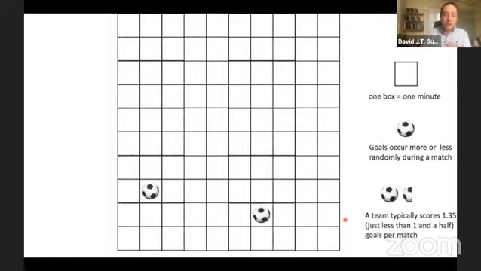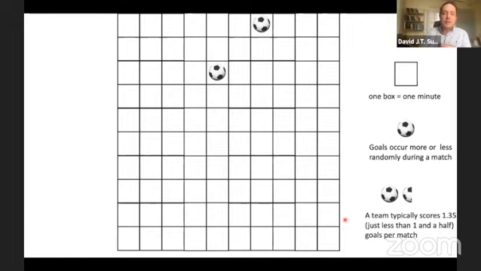So you might have 2 goals coming into the match at random points. You might have 1 goal that you've dropped in at random. You might have 2 goals over here. And that's the basic idea of our model. We're dropping goals randomly into boxes. And then from there, we can actually build a mathematical description of football.